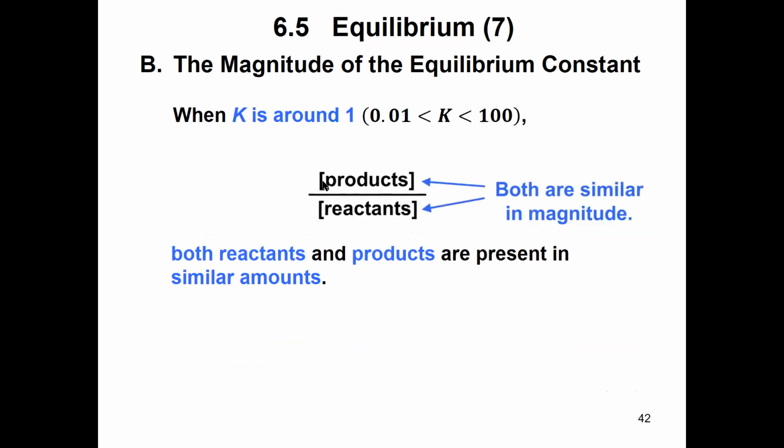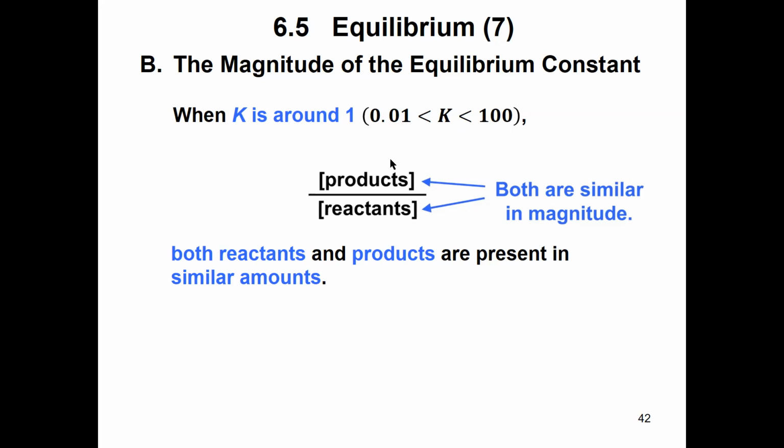And then if you have a K value that is around 1, and be careful here, around 1 means 0.01 to 100. So it's quite a wide range around 1, because the K value can be very, very small or very, very large. So around 0.01 up to 100, it's considered similar.